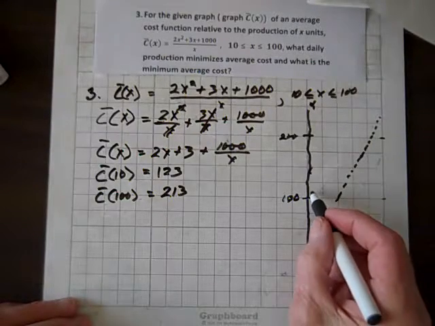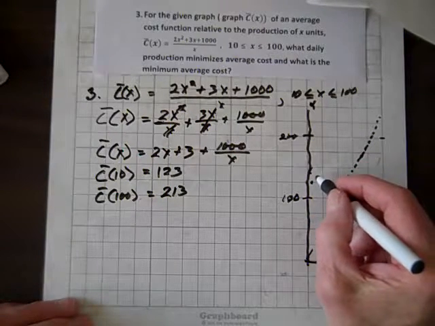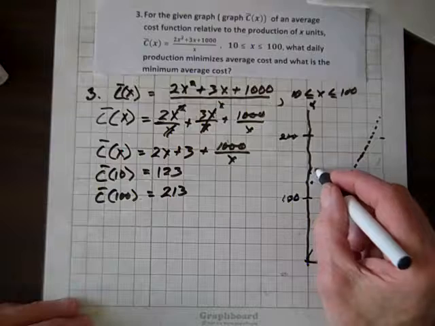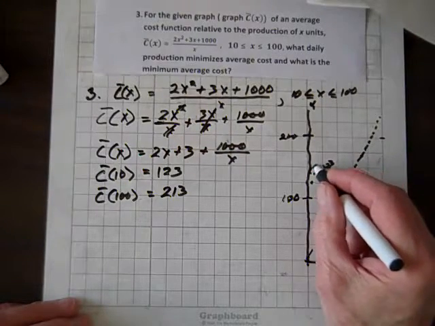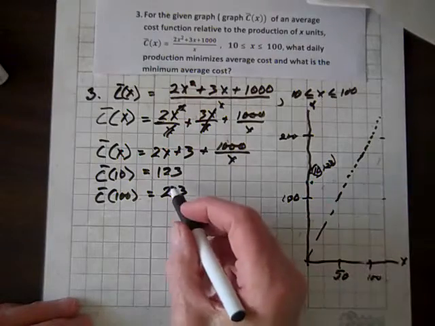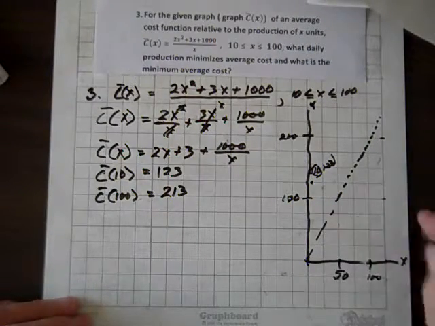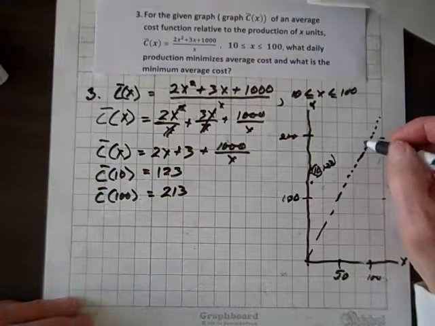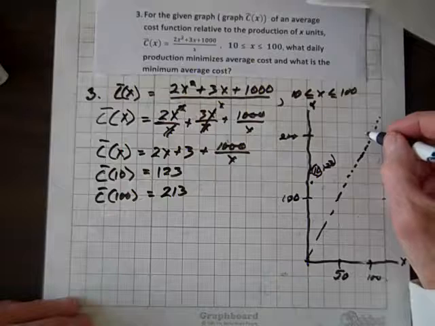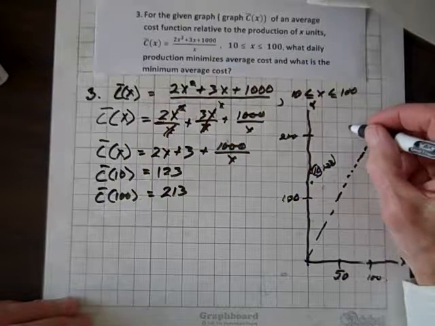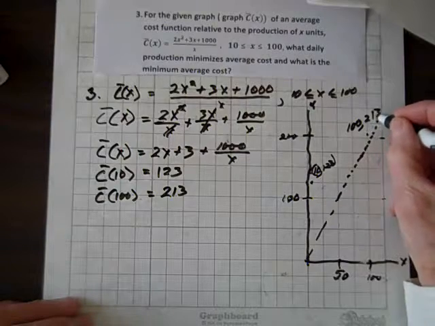So if I go up, it's about right there, that point. And that point is going to be 10 and 123. And the other point, when x is 100, we're going to be over at 100 and go up to about 213.